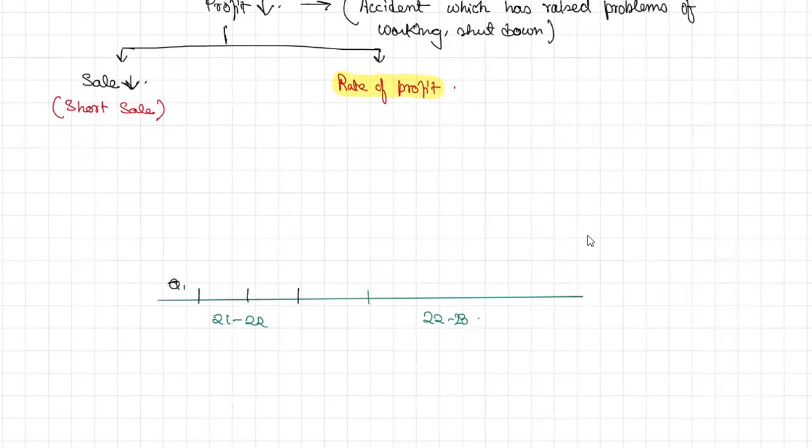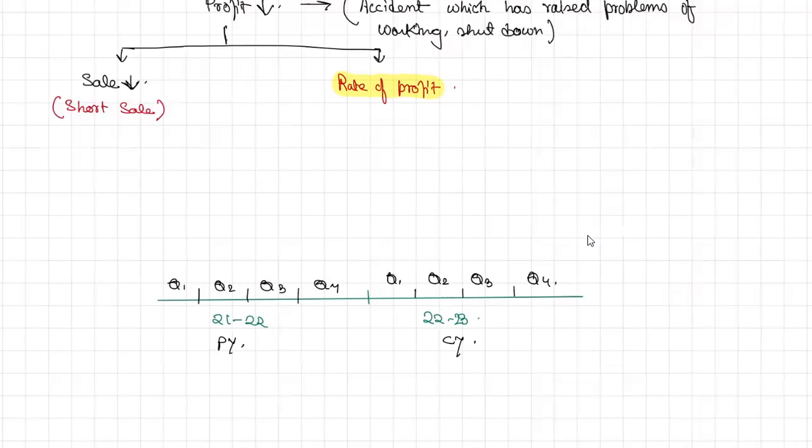So this is our quarter 1, this is our quarter 2, this is our quarter 3, this is our quarter 4. Similarly here as well. 1, 2, 3, and 4. This is our quarter 1, quarter 2, quarter 3, and this is our quarter 4. Okay. This is my current year, and this is my previous year.